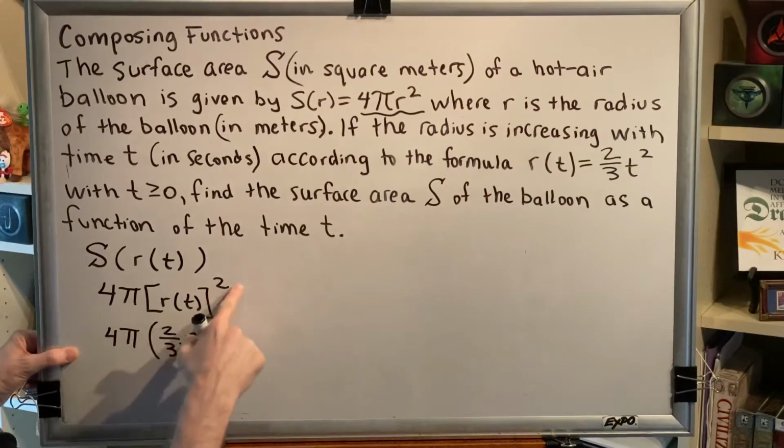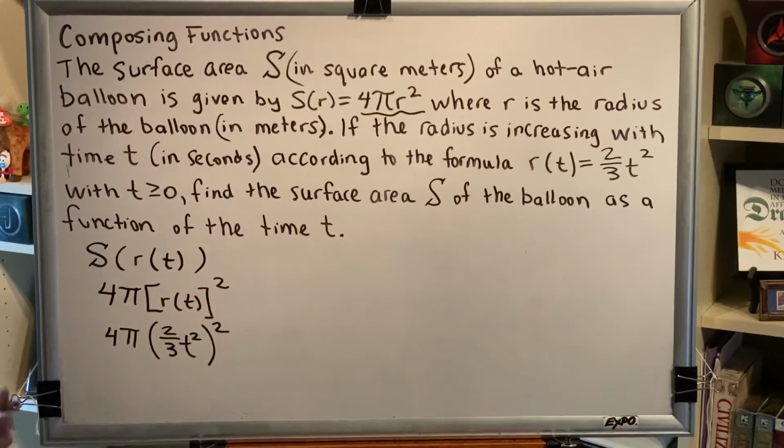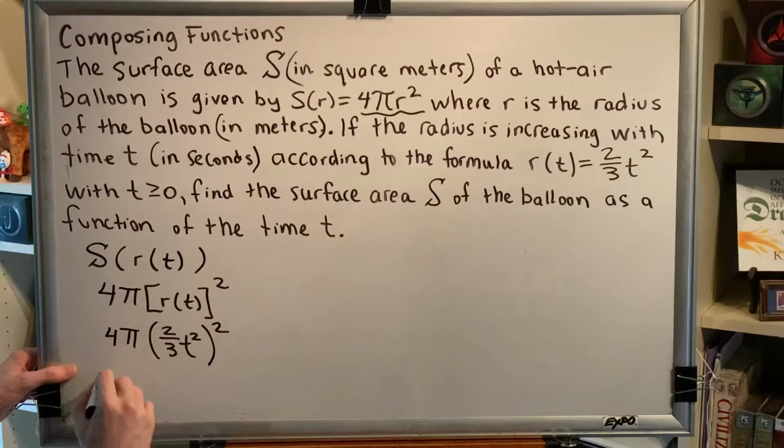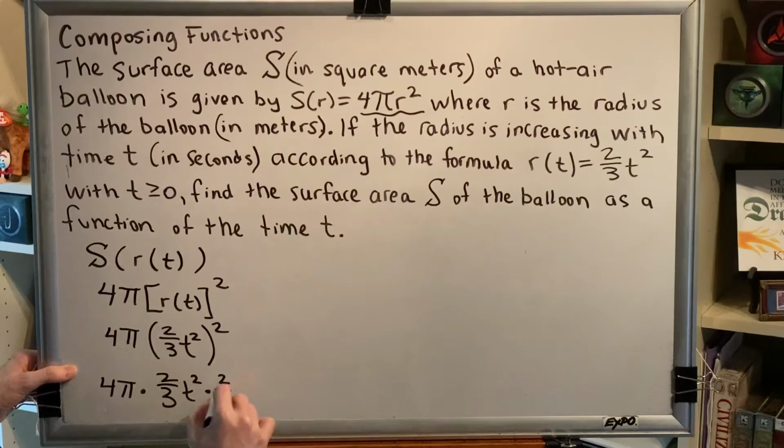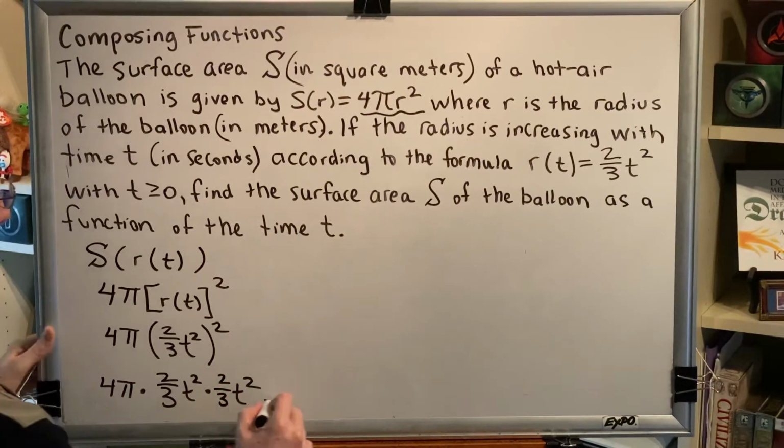And since the r of t was being squared, the 2/3 t squared needs to be squared as well. So this gives us 4 pi times, an exponent tells me how many times to multiply a base by itself. So I'll have a 2/3 t squared times a second 2/3 t squared. And I need to find a way to multiply all of these things together.